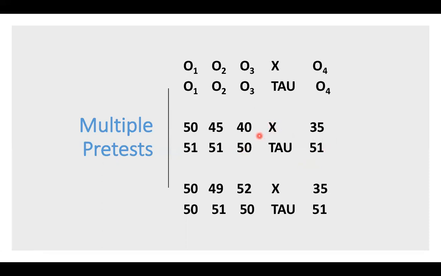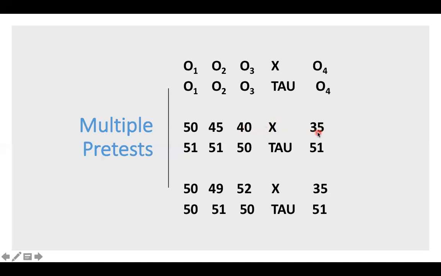Unfortunately, if you pay close attention to the multiple pretests, you would see that there was already an ongoing pattern of decline before the intervention was applied. So you go from 50 to 45 to 40, and then the intervention is applied, and it drops to 35. I can preempt myself here and say that if this intervention was not applied, chances are that the score would have still dropped from 40 to 35 just by itself.